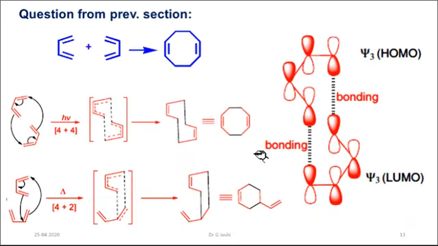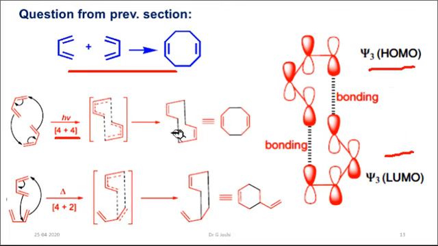This is the question from the previous section. We have to examine the cycloaddition of two 4 pi systems under thermal and photochemical conditions. If we see the photochemical condition first, then the 4+4 system corresponds to a 4n system. Therefore, the HOMO of one reactant and the LUMO of the other reactant under photochemical condition.